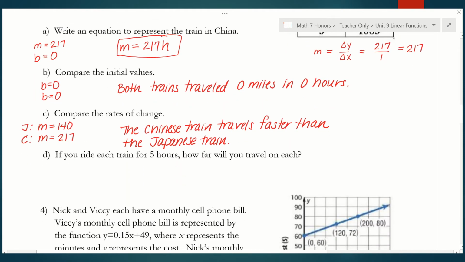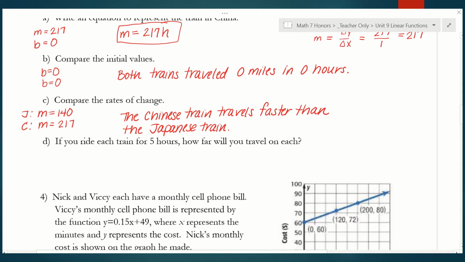Okay, part D. If you ride each train for 5 hours, how far will you travel on each? Alright, so here we go. Let's use our two equations to figure this out. The Japanese train had an equation of m equals 140h, and the Chinese train we found was m equals 217h.